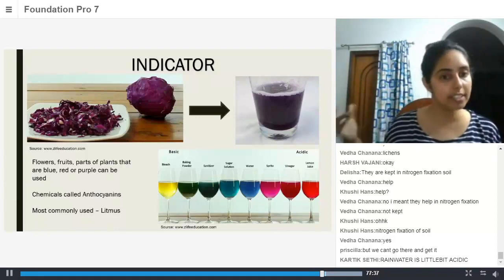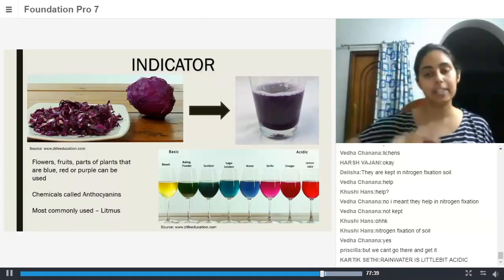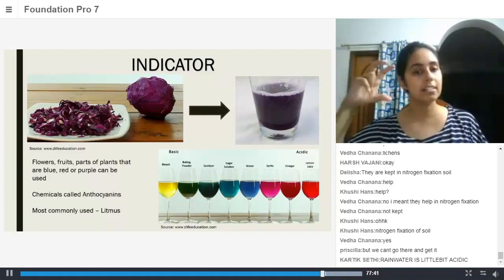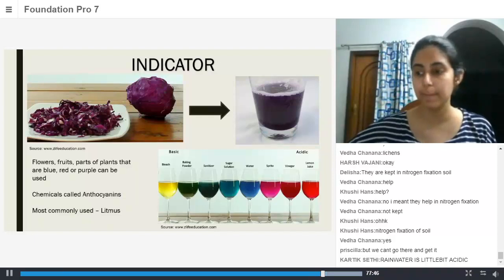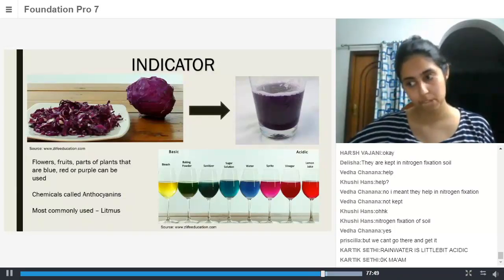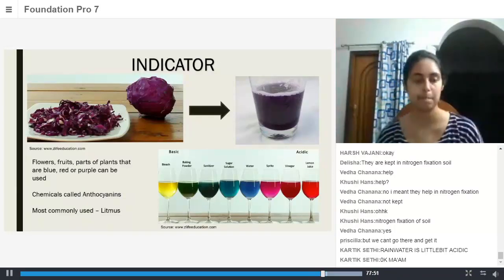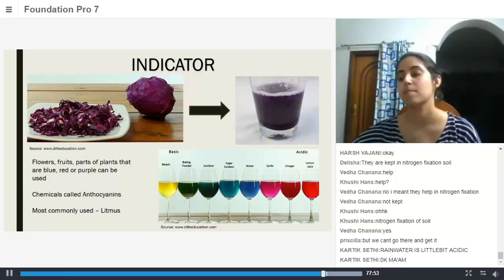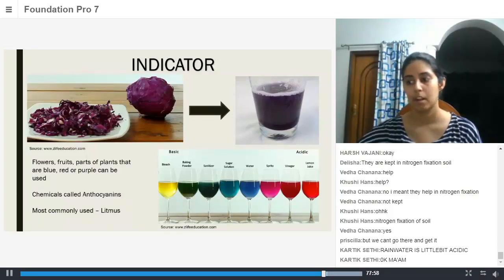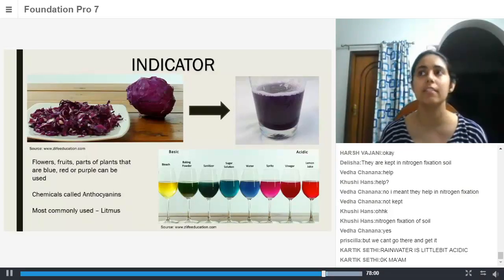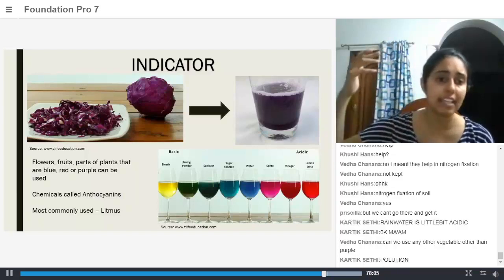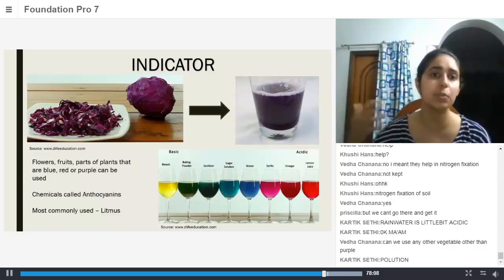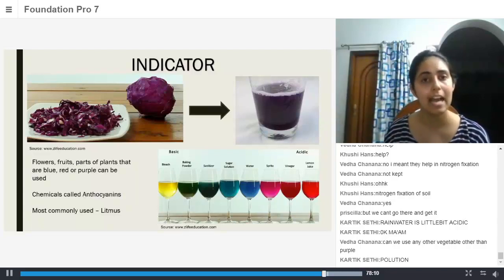Yes, Karthik, rainwater is a little bit acidic. That's right. Ma'am, I have a question. Yes, Delisha? Ma'am, I know that rainwater is formed when the water is evaporated. So why is it acidic? It's acidic because rainwater interacts with a lot of pollutants in the environment.